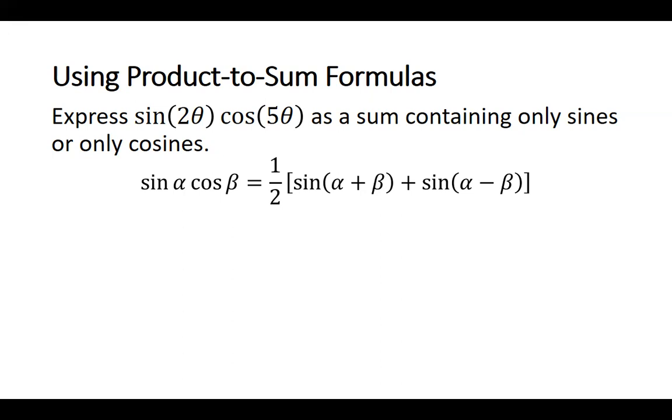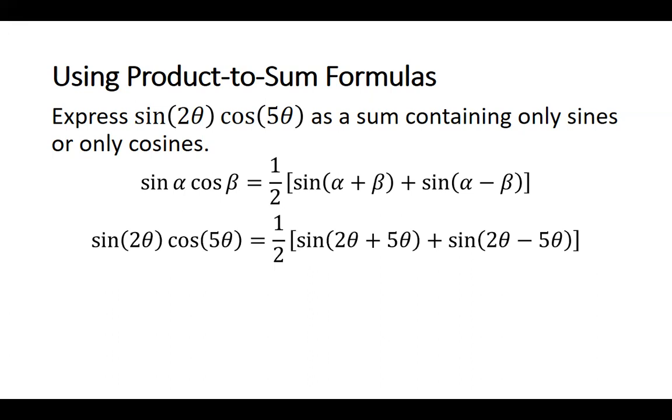So we have sine of 2 theta cosine of 5 theta is equal to 1/2 sine of 2 theta plus 5 theta plus the sine of 2 theta minus 5 theta, which gives us 1/2 sine of 7 theta plus sine of negative 3 theta.